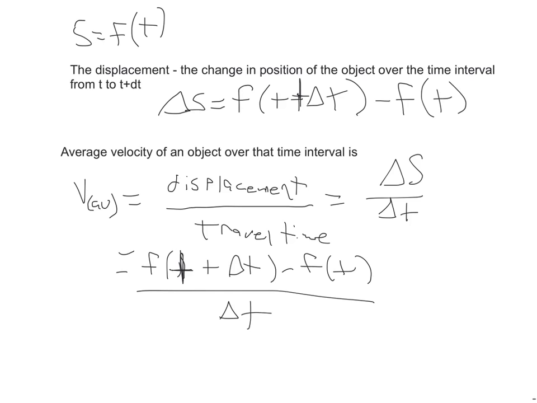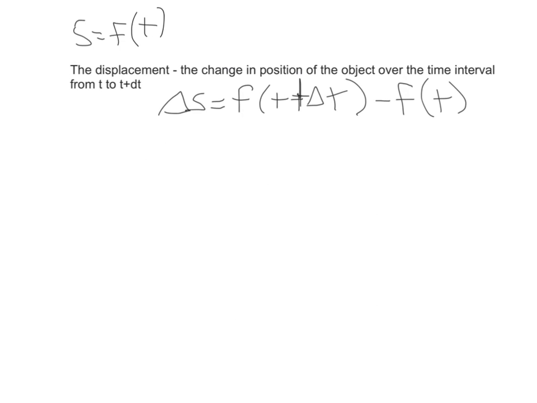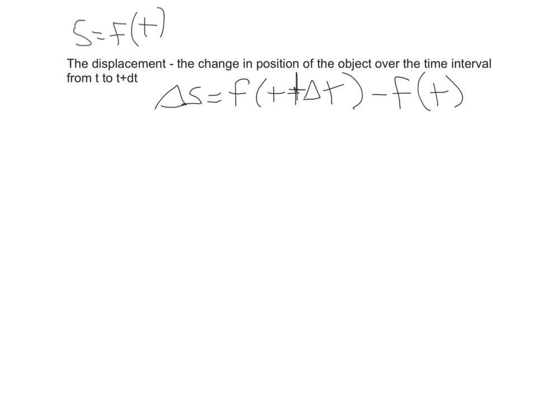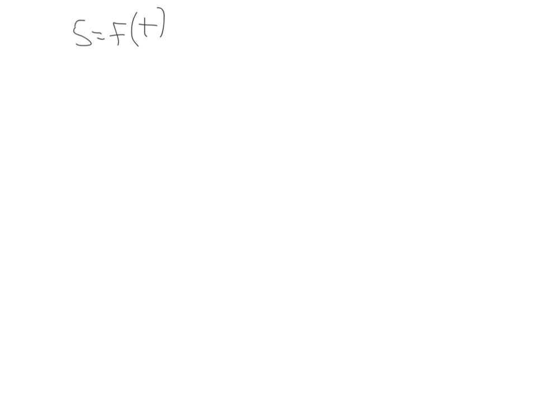So if we've got average velocity, we would also have instantaneous velocity. But we know average and instantaneous aren't the same. Don't ever think that they are. So instantaneous velocity, and again, we're not going to use the word instantaneous because we've dropped the word for instantaneous rate of change. We're going to drop it for instantaneous velocity.